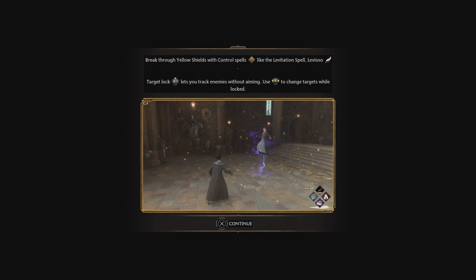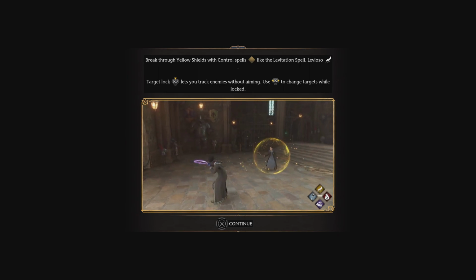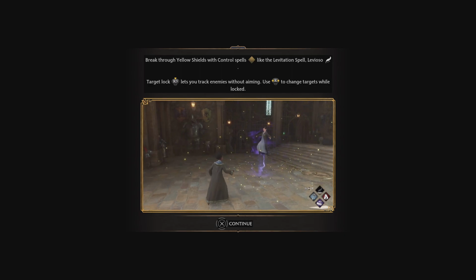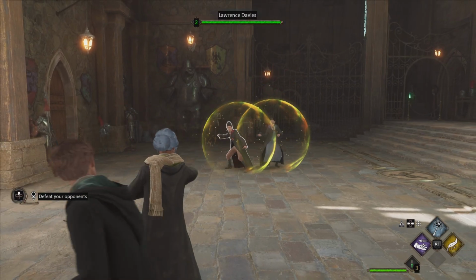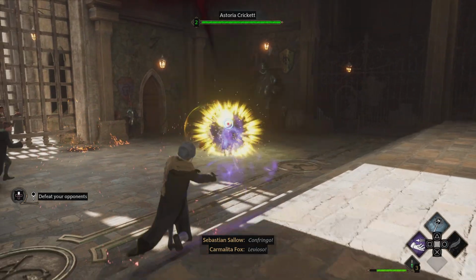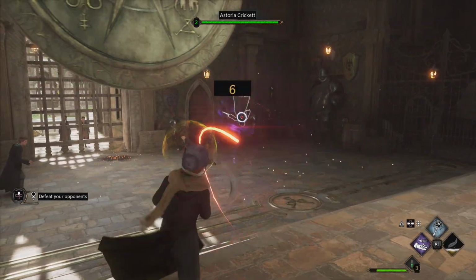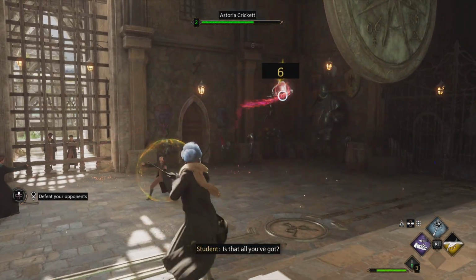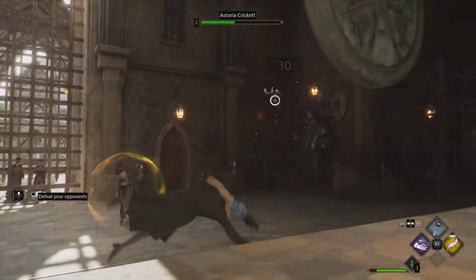Breaking through yellow shields with control spells like levitation spells, Levioso, target lord. Okay. Neat. Ooh, look at her go!